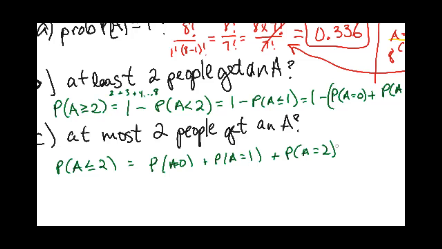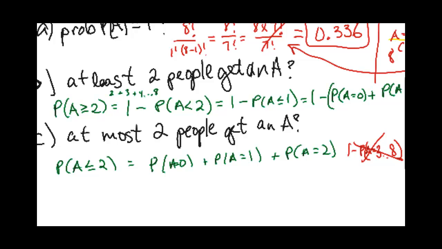Instead of going 1 minus the probability of A equaling 3 all the way up to 8, which is like 6 calculations. So don't do that here. Ask yourself, don't just automatically go into complement mode when you see an inequality.